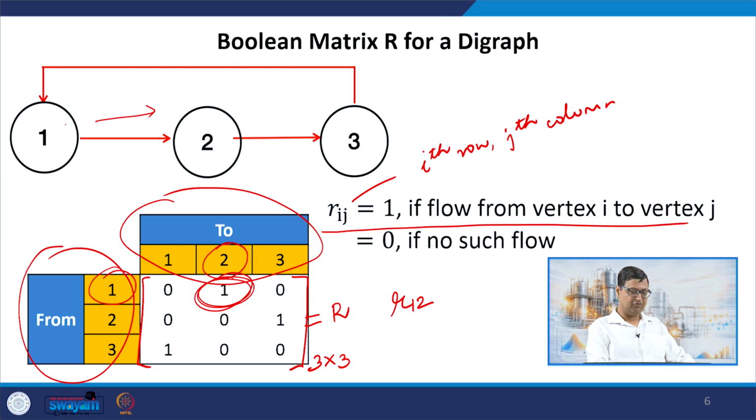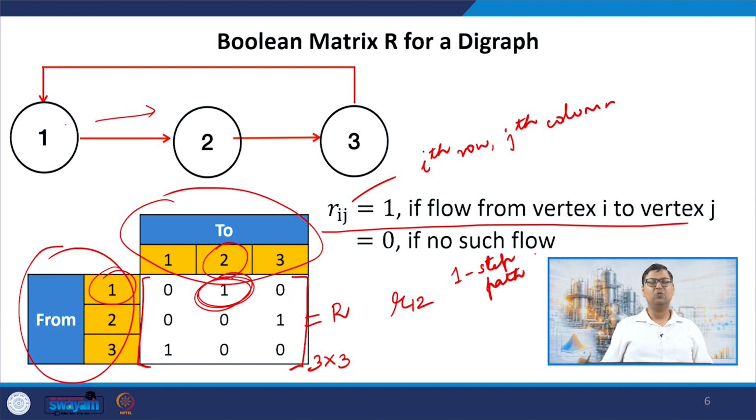Let us say from 1 to 1 there is no flow. From 1 to 3, you can say I can go from 1 to 2 and then to 3, right, but I am looking at direct edges. So, there is no direct edge from 1 to 3, or in other words, there is no one step path from 1 to 3.